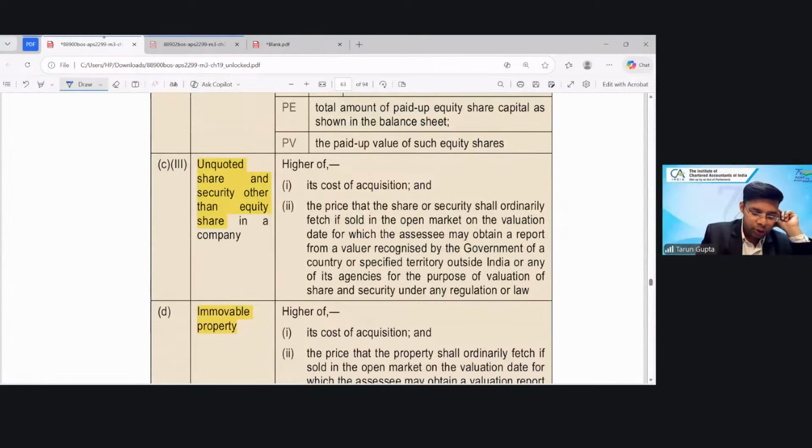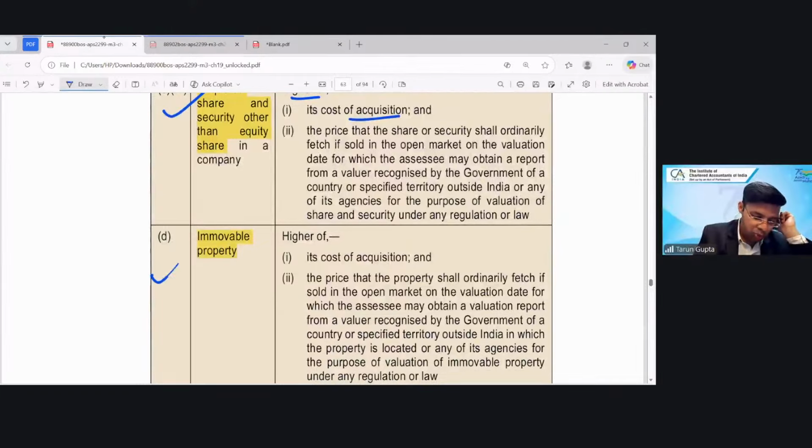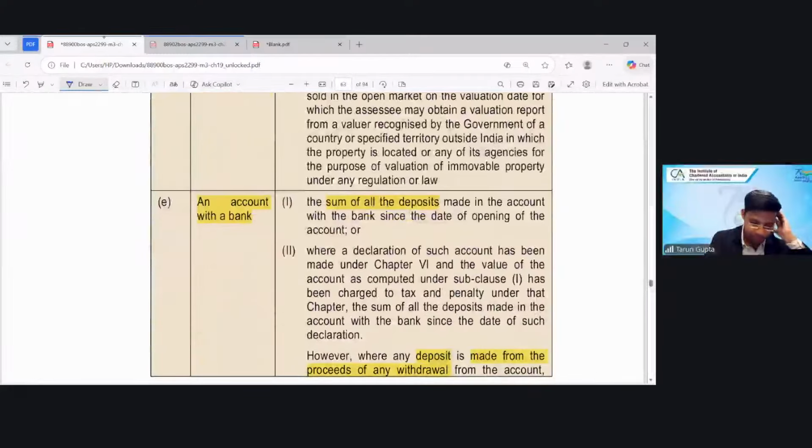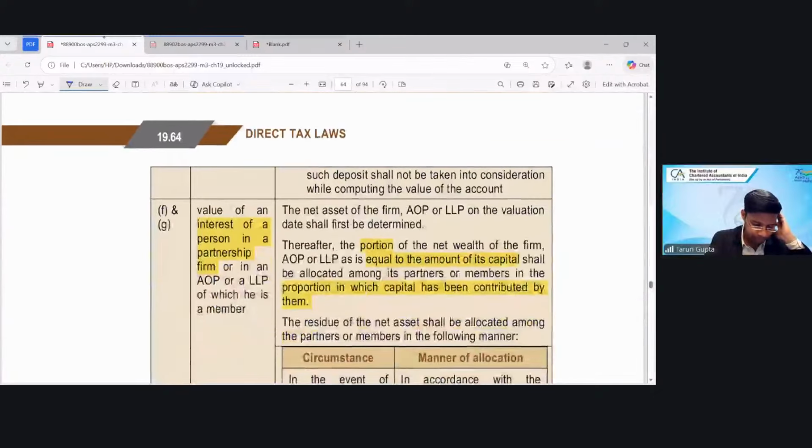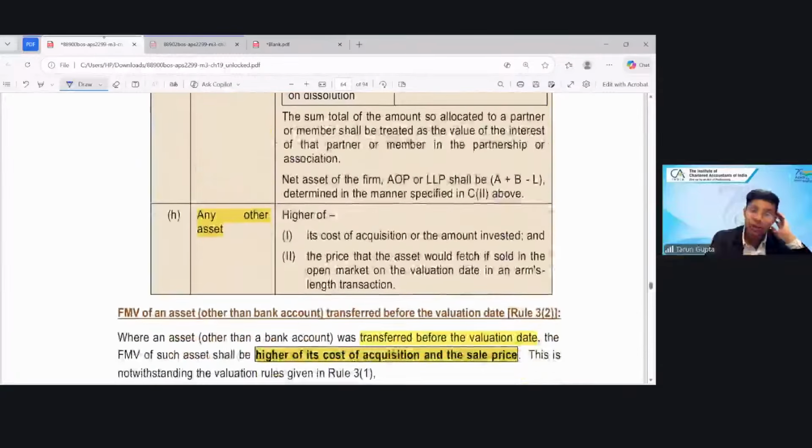Unquoted shares other than equity shares: higher of the cost or the price in the open market. That price can be determined based on the report of a valuer. Immovable property: higher of the cost or the price in the open market as on the valuation date. Any other asset: higher of the cost or the value in the open market as on the valuation date.